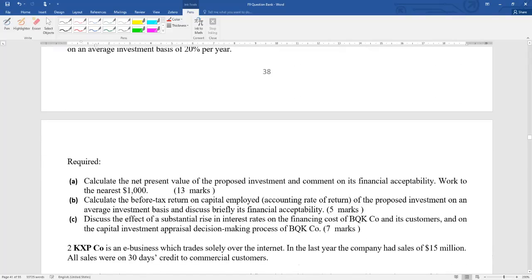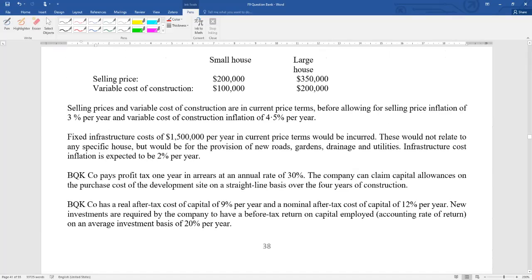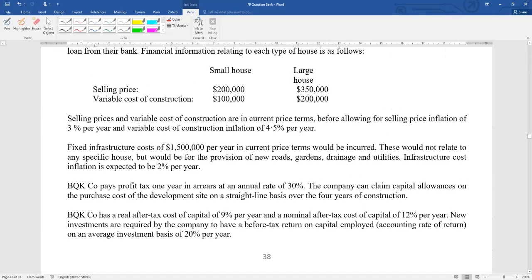Even though the examiner here is not very explicit, because we have unique specific rates of inflation, we need to use the nominal rate of return, the nominal term method. So let's do it together.